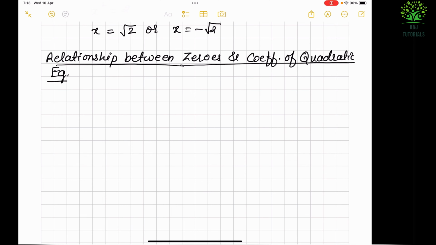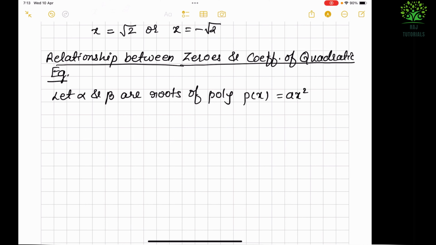So now let me say, let alpha and beta be roots of the polynomial p of x equal to ax square plus bx plus c.